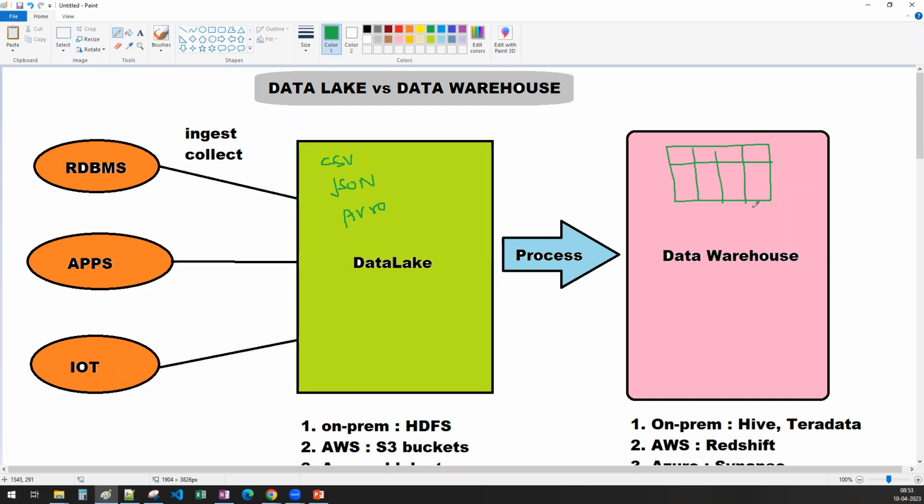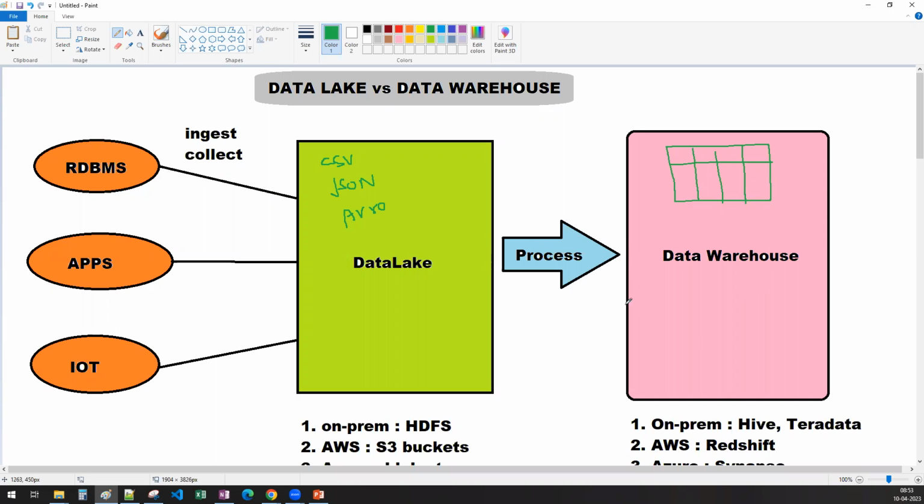The data will be in a structured tabular manner, in rows and columns. And there will be a fixed schema. A schema is nothing but the relation between the rows and columns. So this is how the data looks in the data warehouse.